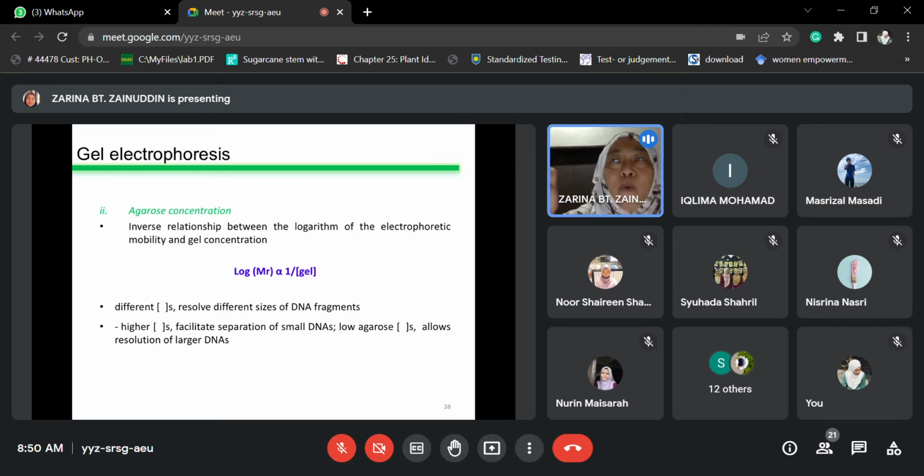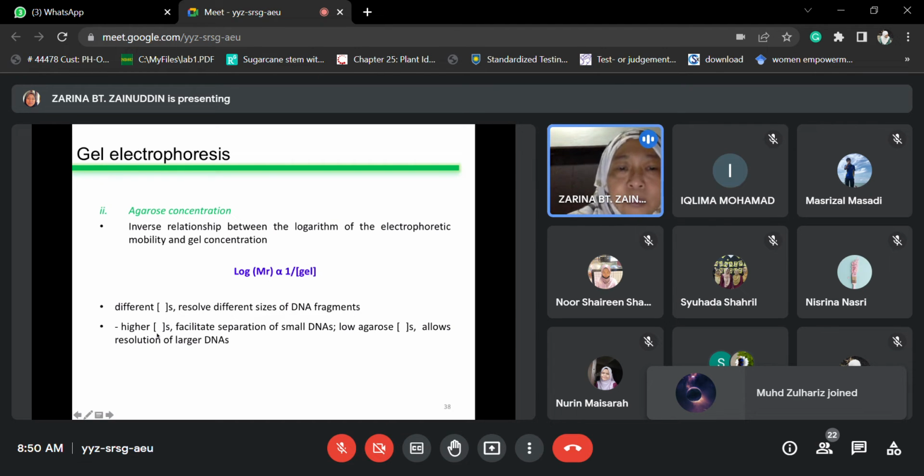You run for 1 hour with the same voltage. After 1 hour, gel number 1 tu kita akan nampak dia dah move ke bawah compared to yang 2% tadi, sebab kalau lagi keras gel tu, dia punya movement of DNA akan slower. So different concentration resolve different sizes of fragment.